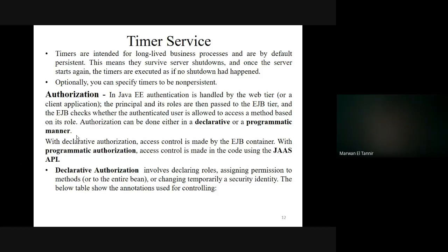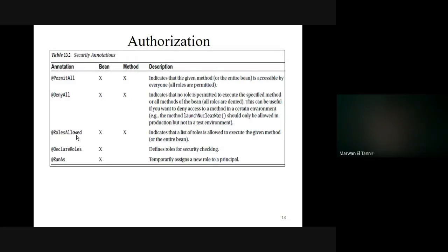Again, as I said, there is programmatic authorization, but we cannot cover everything in these few slides. It is good to read if you want to develop a real-life application with Java Enterprise Edition. You must read the 4 chapters on security in the Java Enterprise Edition 7 tutorial. There is a whole part on security with 4 chapters talking about all the aspects of security.